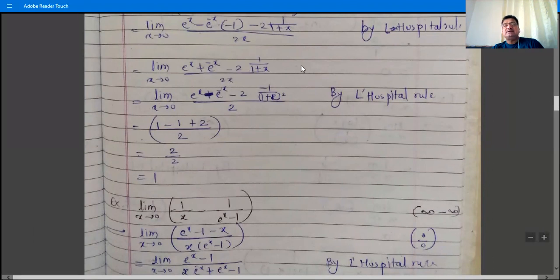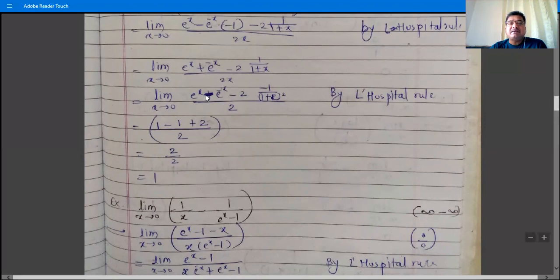And if we substitute x as 0, then we have again 0 by 0 form, because e raised to 0 means 1, e raised to 0 means 1, 1 plus 1 is 2, and this minus 2 by 1 plus 0 means minus 2, 2 minus 2 becomes 0, and 2 into 0 is 0. So 0 by 0 form, apply L'Hospital's rule. The derivative of e raised to x is e raised to x, and the derivative of e raised to minus x is e raised to minus x into minus 1.